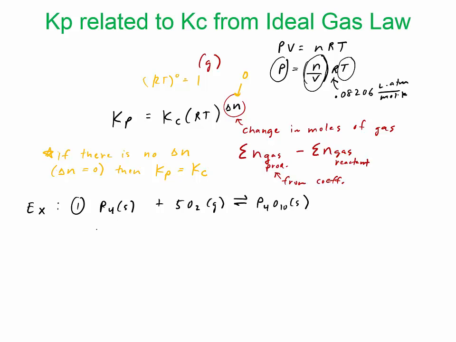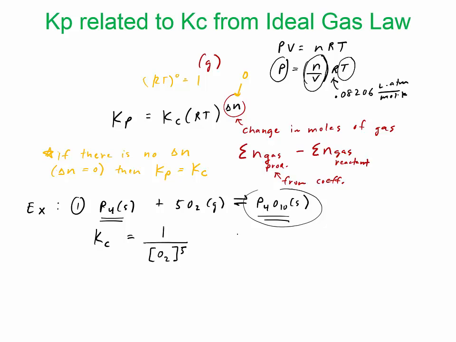So Kc for this reaction would be, this is a solid, so it doesn't count, and this is a solid, so it doesn't count. If you ever just have solids and liquids on the product side, then you just write 1 over whatever is on the reactant side. So it's going to be 1 over the concentration of O2 to the fifth power.